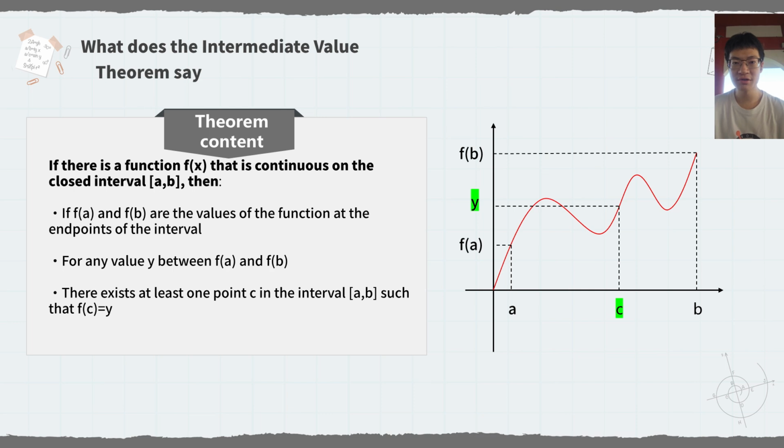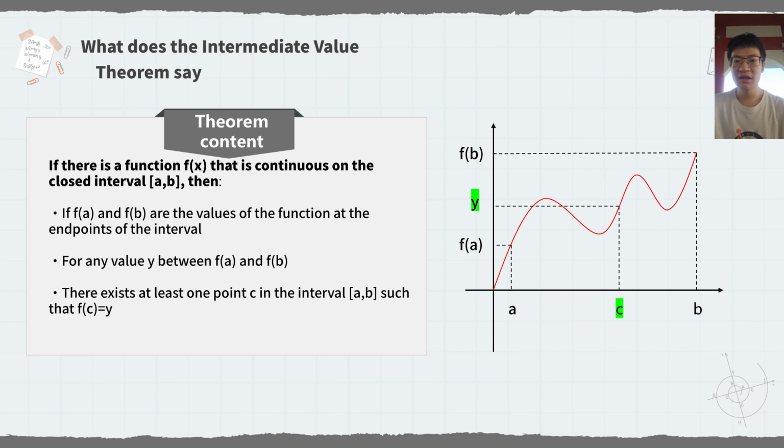In similar terms, if you walk along a continuous curve from point A to point B, you are guaranteed to pass through a point whose function value is some number between the values of the function at A and B, just as shown in the picture on the right.